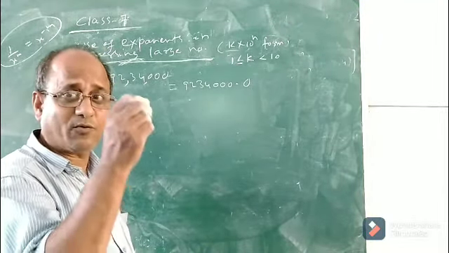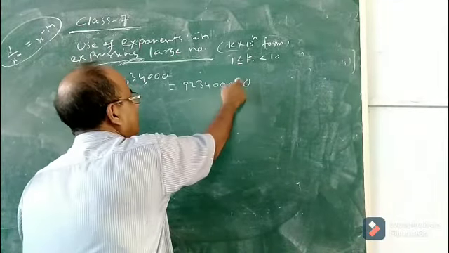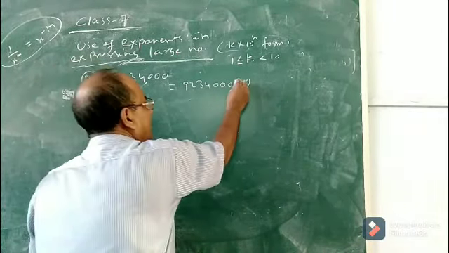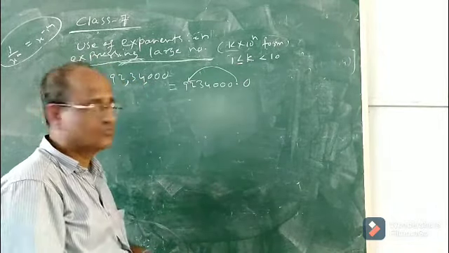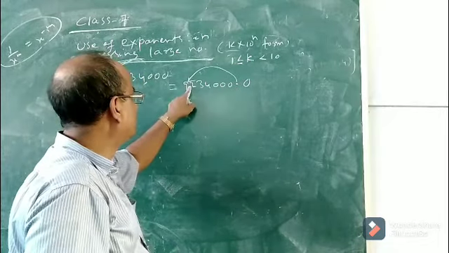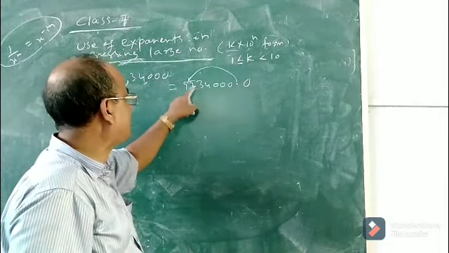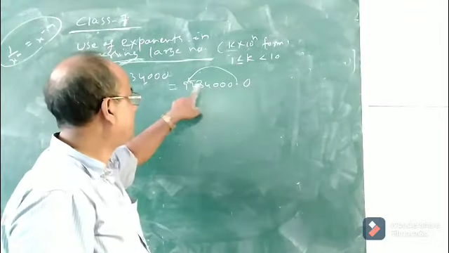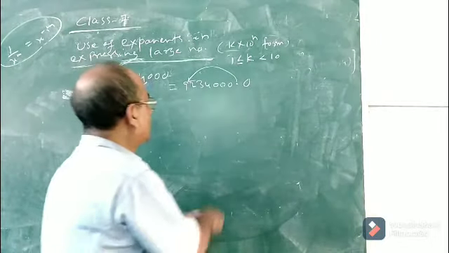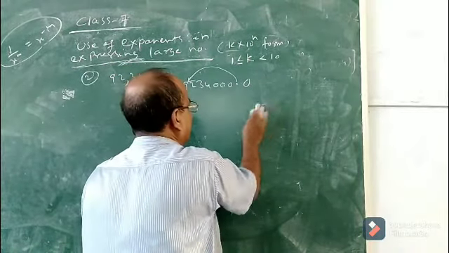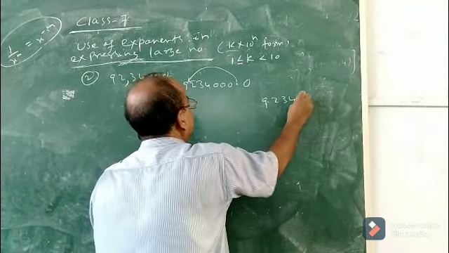Now see, children, after making it a decimal number, the next step is to find out where this point is to be shifted. If the point is shifted from right to left and comes after 2, this number will be 9.234000.